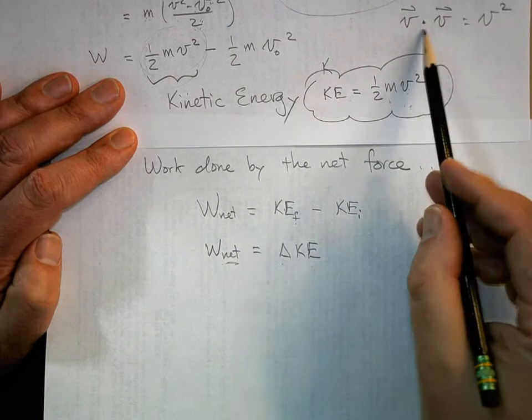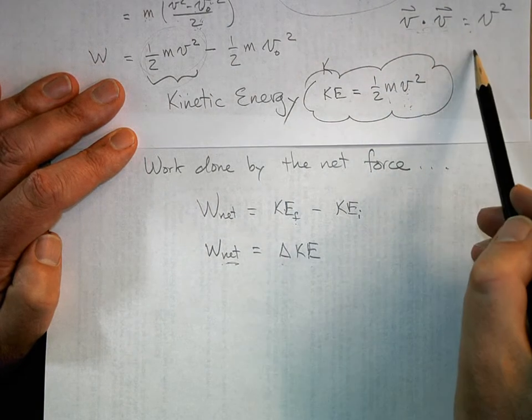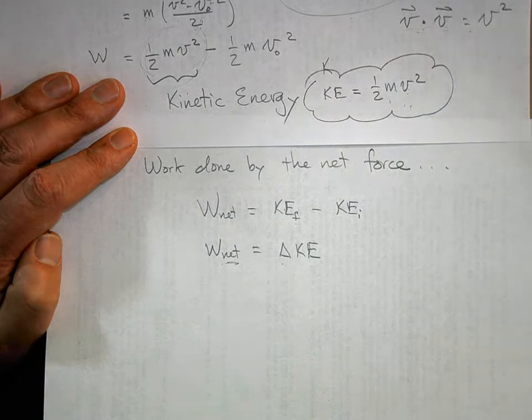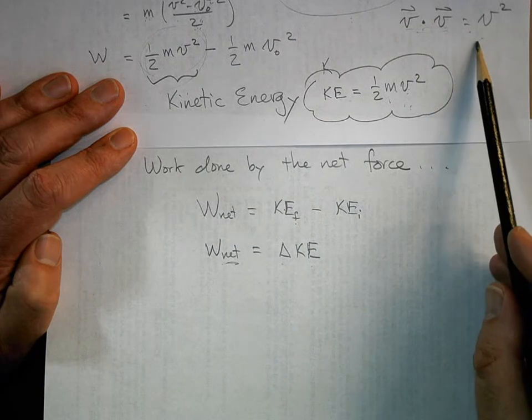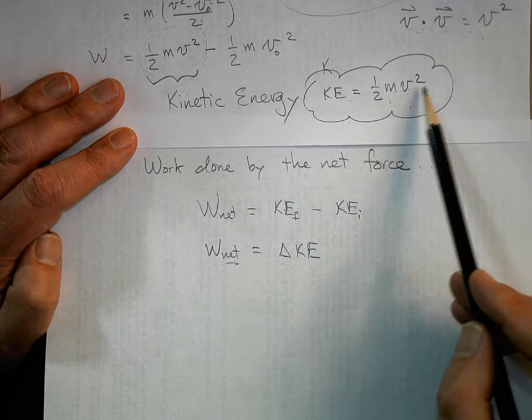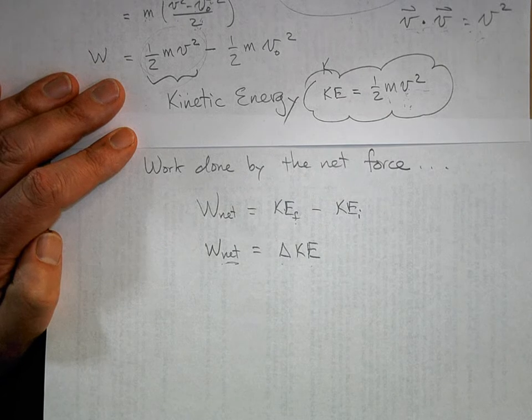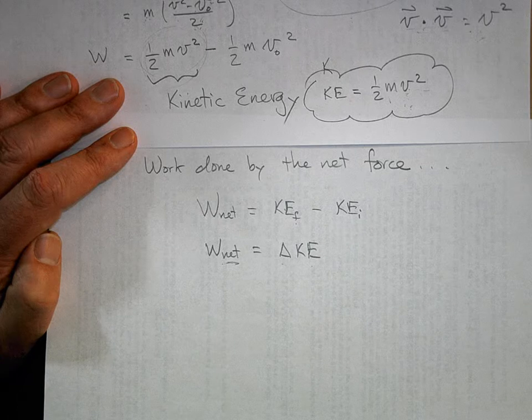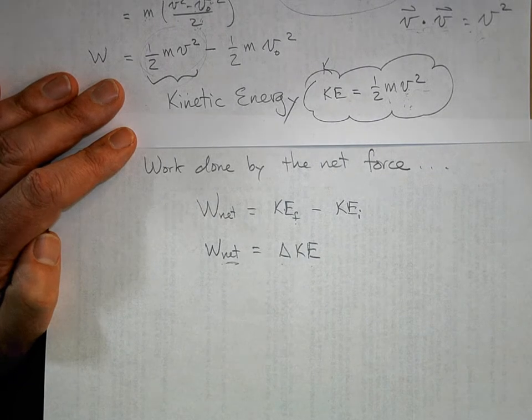You don't have to worry about the vector nature of it. You just get rid of it. You just look at how fast it's going, the speed. Well, speed is always positive, and you're squaring it. Anyway, kinetic energy is always positive. Does that make sense to everybody?